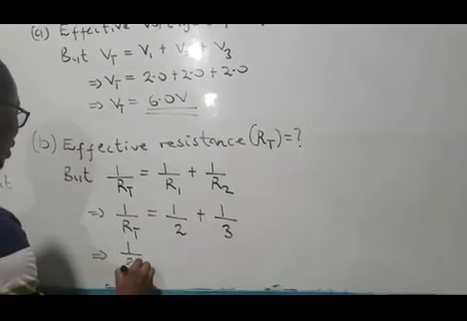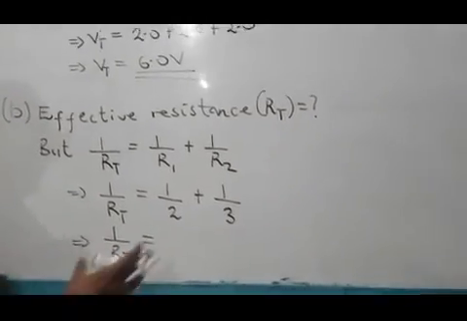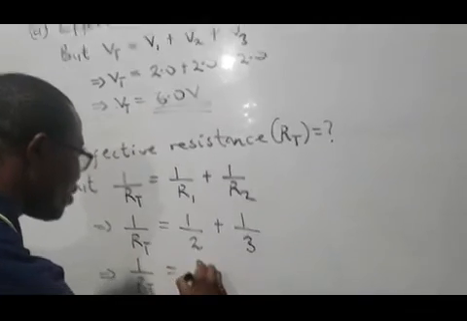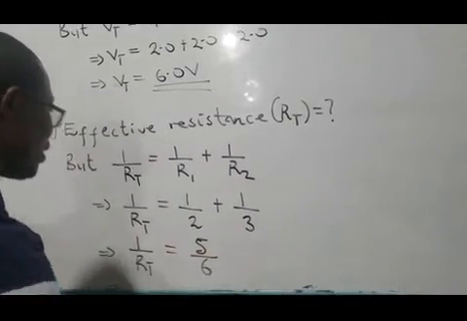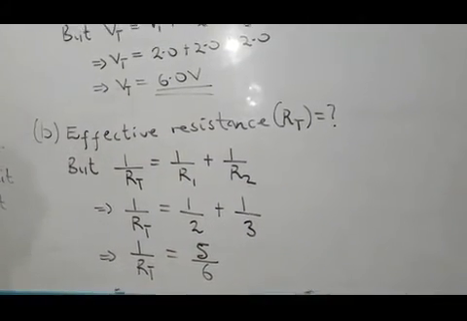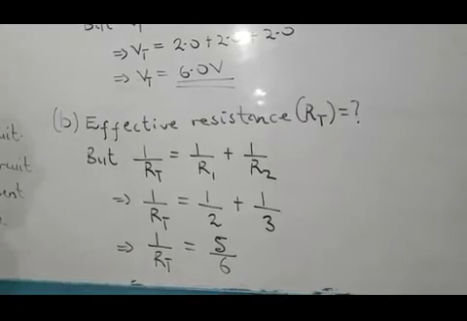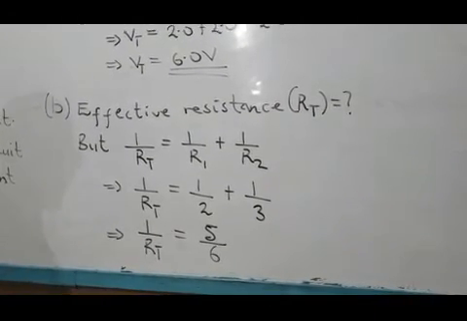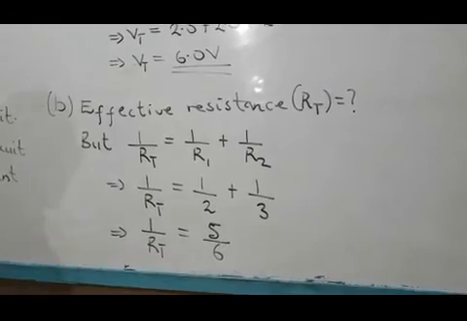One over RT becomes, if we add this, that will give you 5 over 6. So 1 over RT equals 5 on 6.